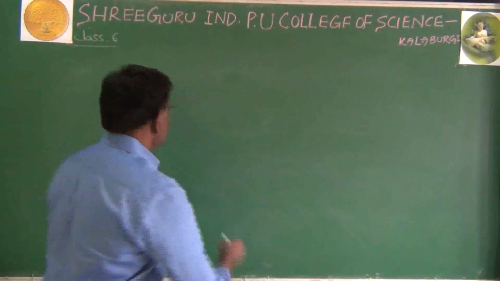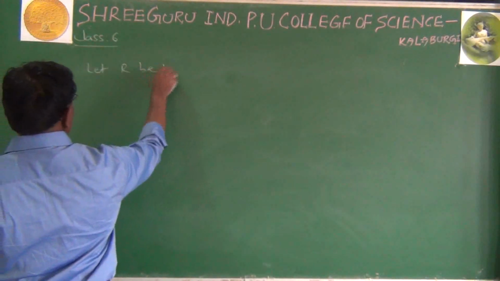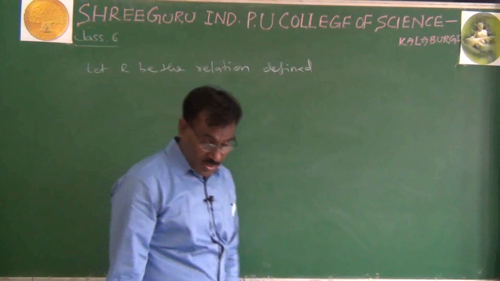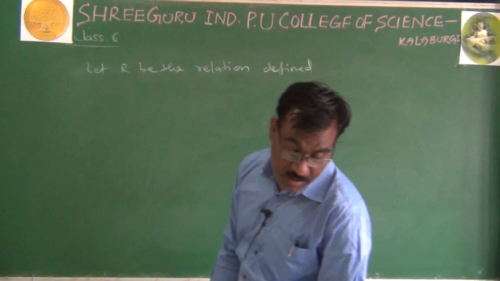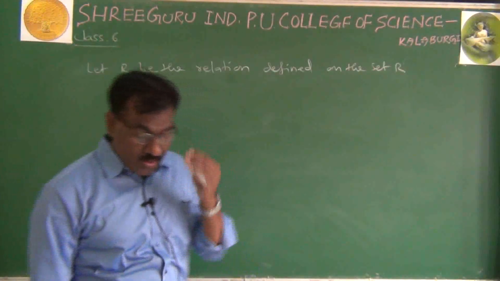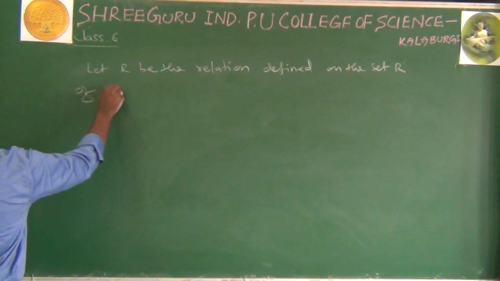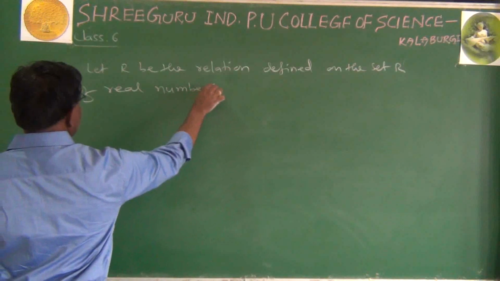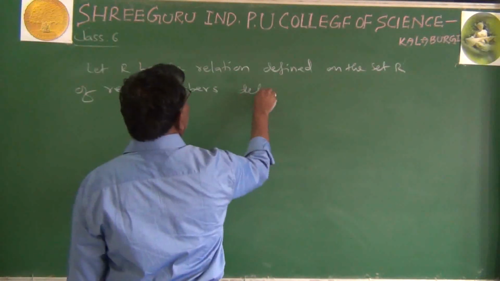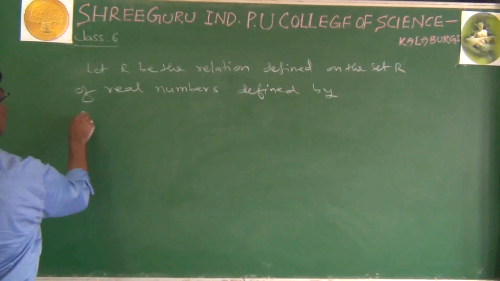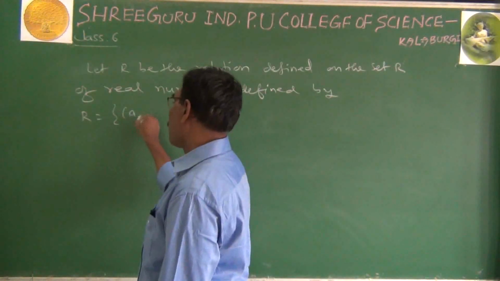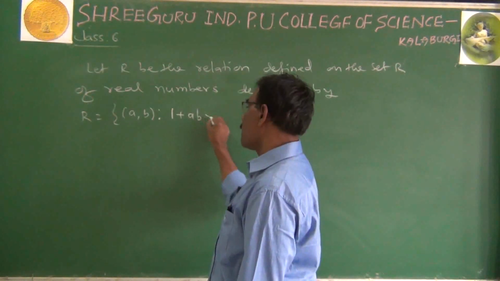Let R be a relation defined on the set R of real numbers by R equal to (a, b) such that 1 plus ab is positive.